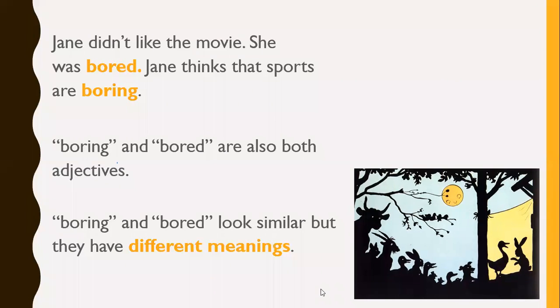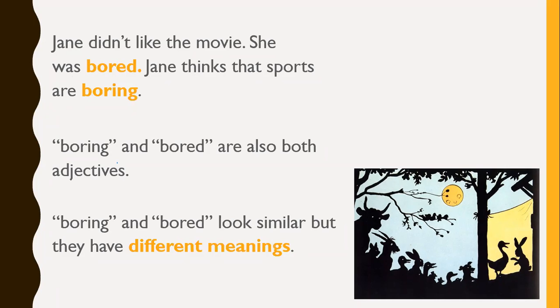So, en esta forma es que nosotros agarramos el verbo y lo volvemos, en lugar de acción, un adjective. ¿Por qué? Porque sufría el efecto de la película. She was bored. Jane thinks that sports are boring.